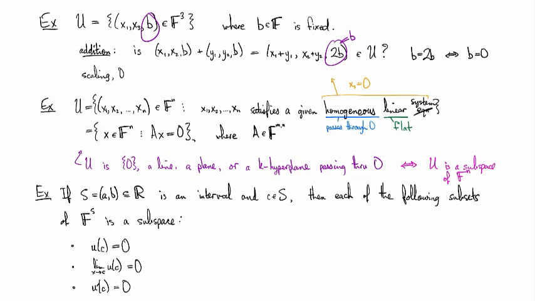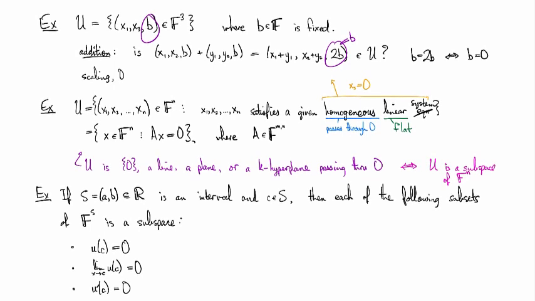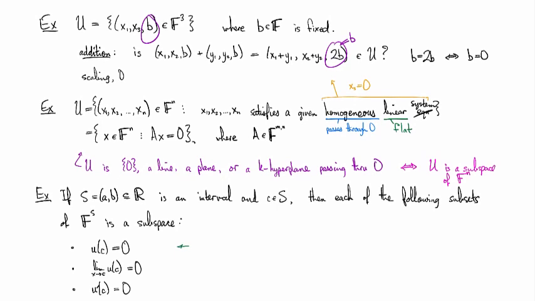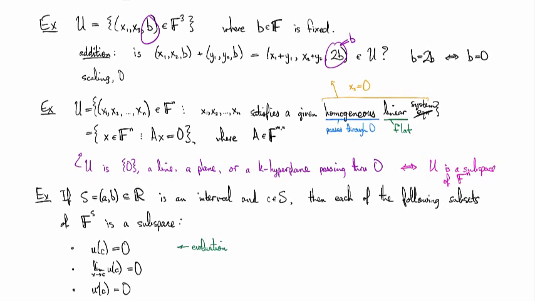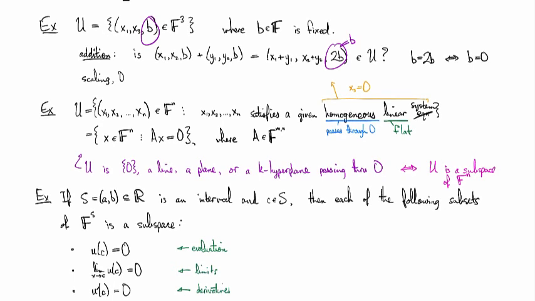The collection of functions whose derivative is equal to 0 at c also is a vector space. Here we're looking at applying evaluation to a function. Here we're looking at applying limits to a function. Here we're looking at applying derivatives to a function.